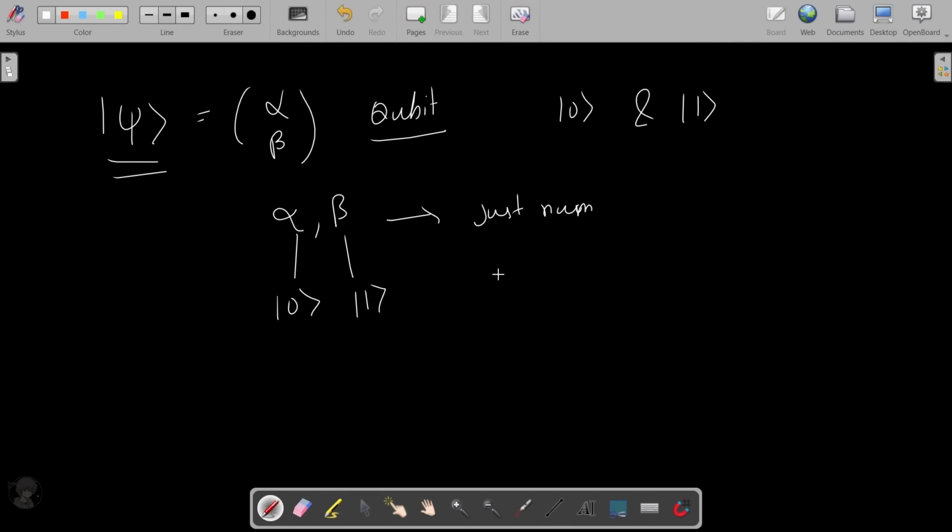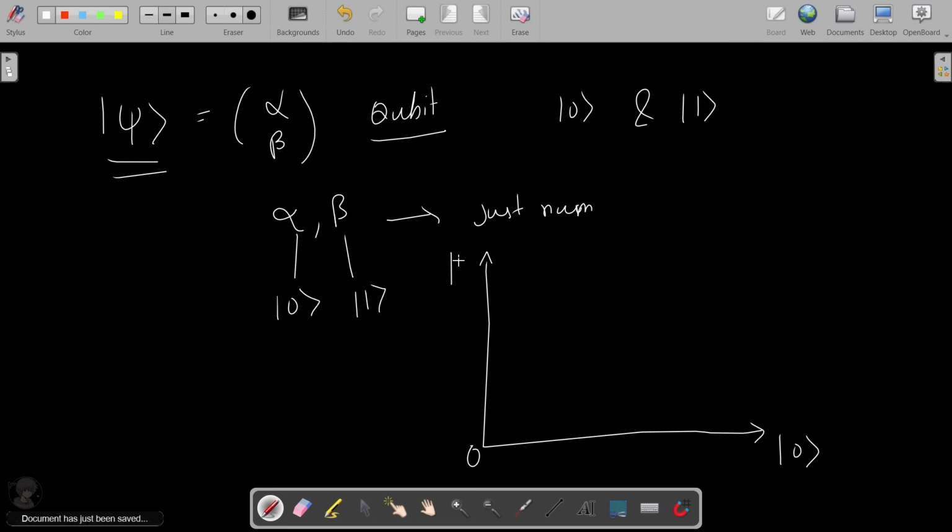Let's visualize this in 2D space, okay? The horizontal axis, let's label it as the ket0 direction, and the vertical, let's label as the ket1 direction.